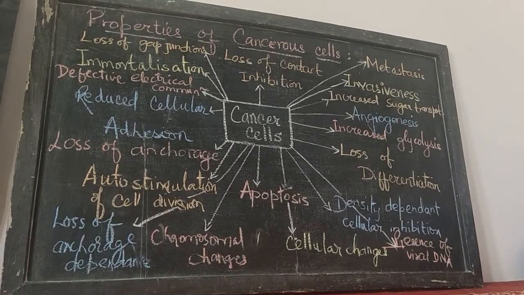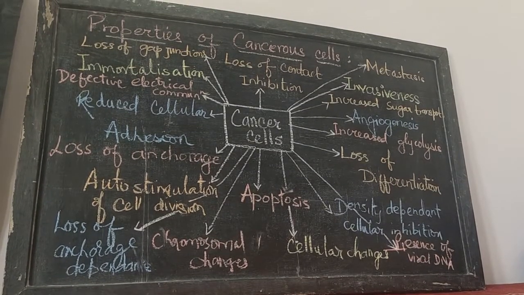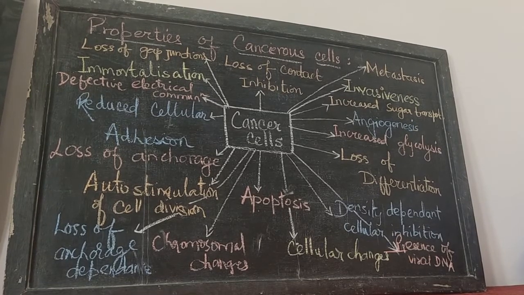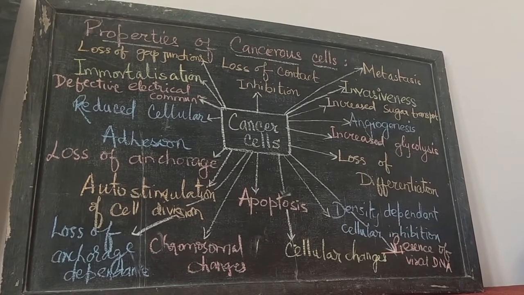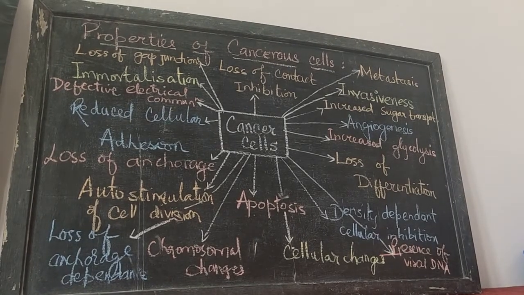So, instead of the cell entering into the checkpoints, faulty genes push the cancerous cells from one phase to another in the cell cycle. Thereby, there won't be any regulation, leading to the cancerous cells.